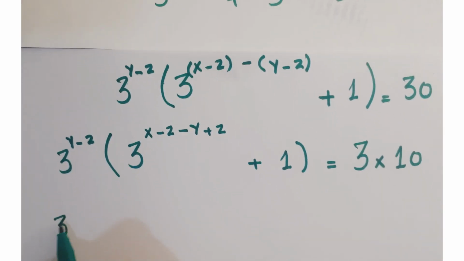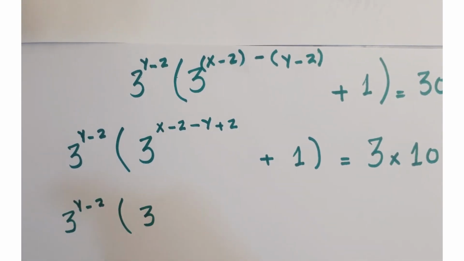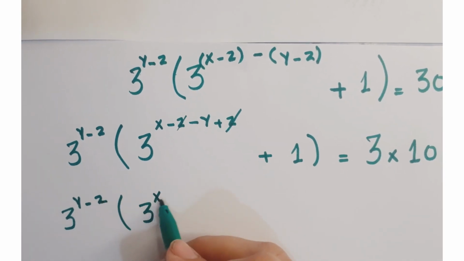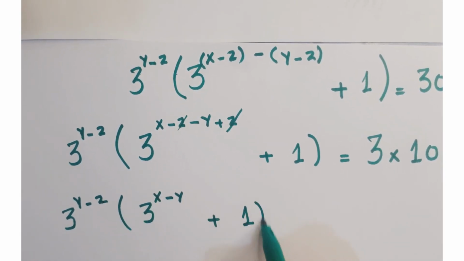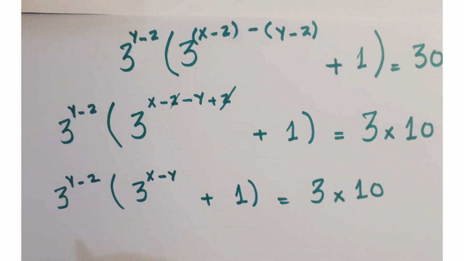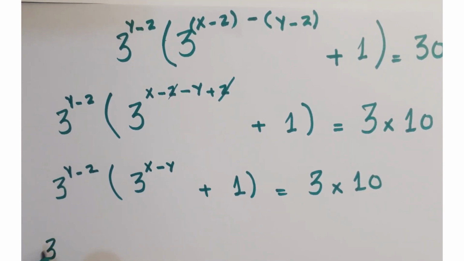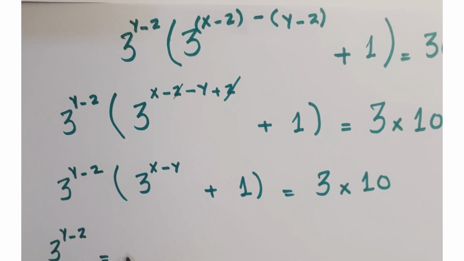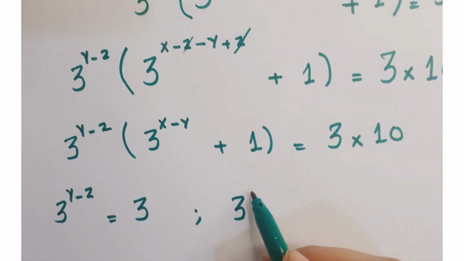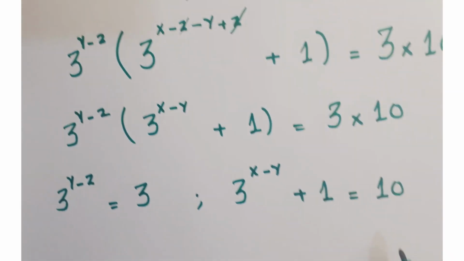Further you can write it as 3 to the power y minus z into 3 to the power, now this z and this z get cancelled, so 3 to the power x minus y plus 1 is equal to 3 into 10. Since here we have the base 3 and here we have the base 3, we can equate them, that is 3 to the power y minus z is equal to 3 and 3 to the power x minus y plus 1 is equal to 10, right?